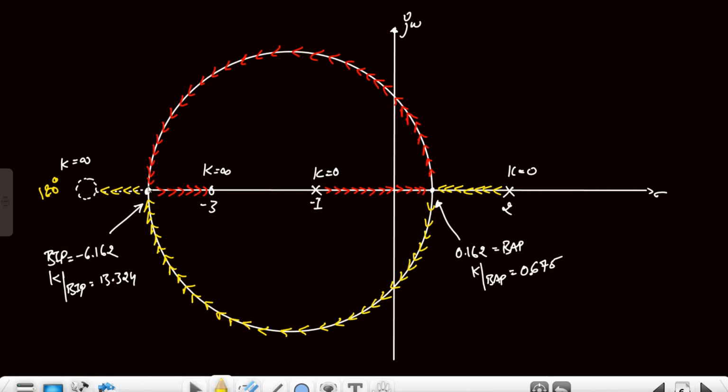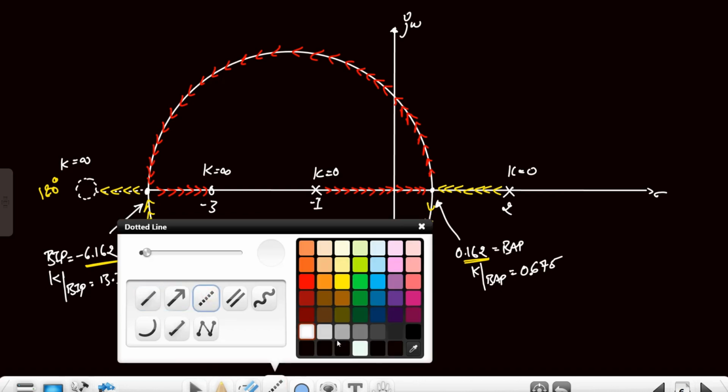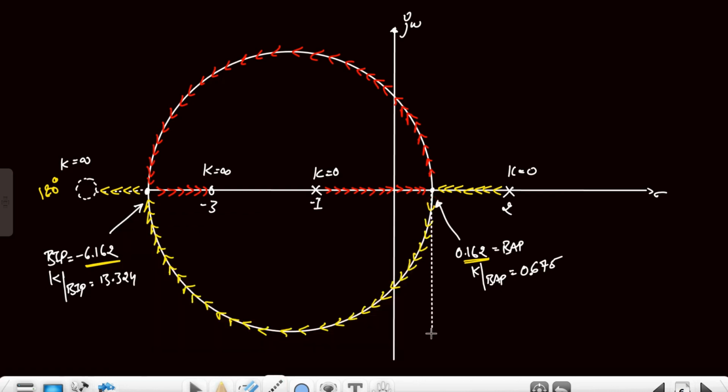First of all, we have to calculate the diameter of this circle, which is simply the distance between these two points, 0.162 minus minus 6.162. So the diameter is this distance between these two points.